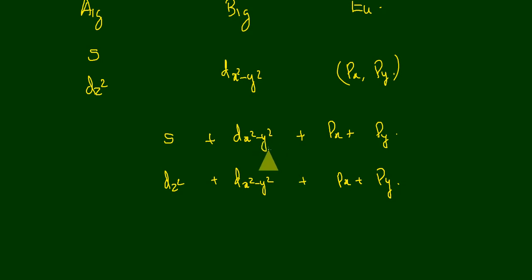So this is okay by symmetry: one s orbital, then dx square minus y square, then Px and Py are allowed to combine to form the hybrid orbitals. In the same way, the dz square orbital, dx square minus y square, Px and Py are also allowed to be combined by symmetry.